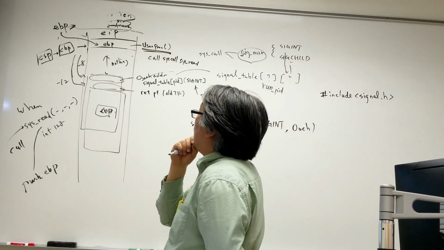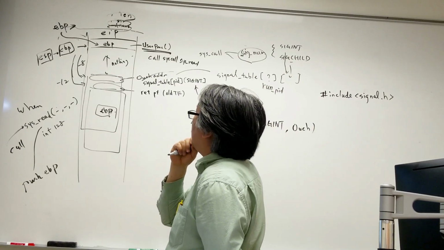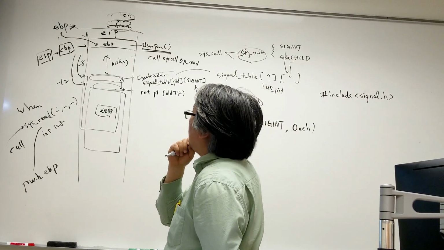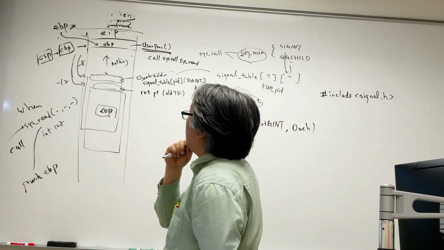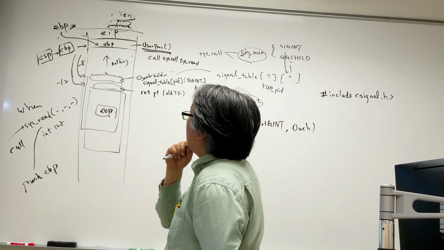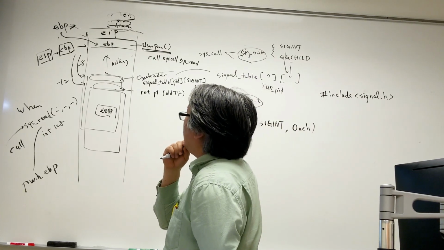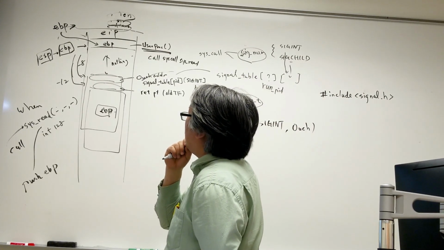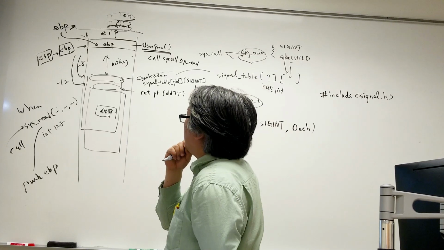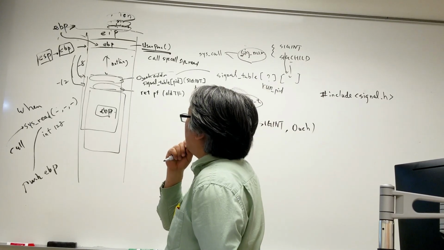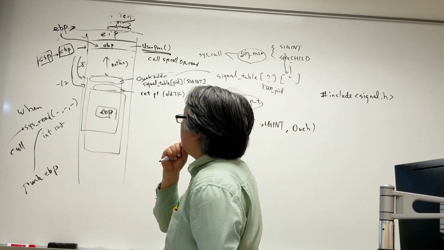Half of EBP starts from there. Unless there's a push of a return value by default, where the trap frame is pushed.